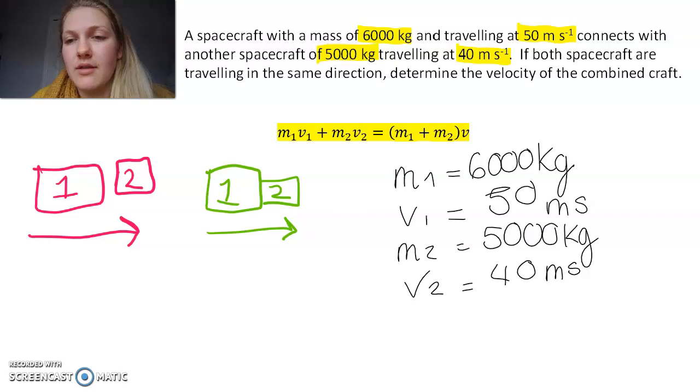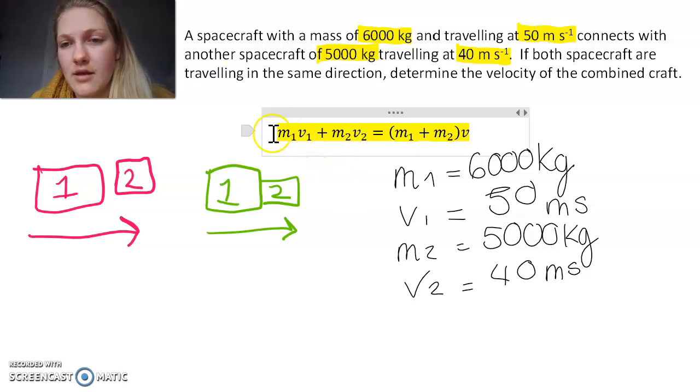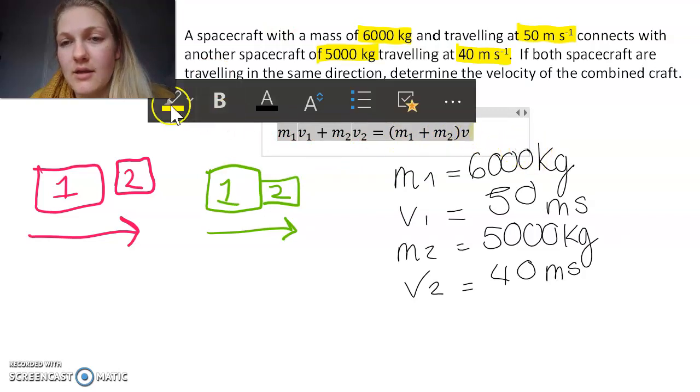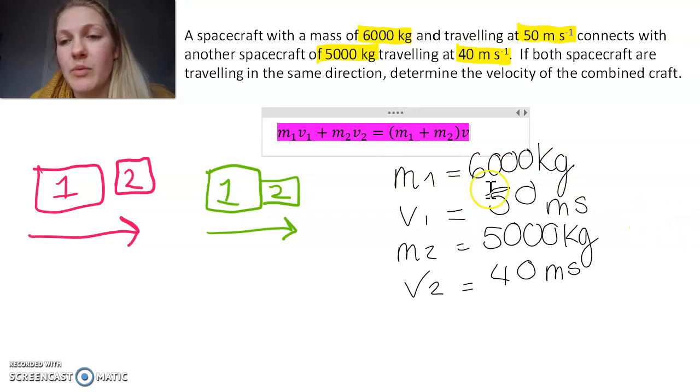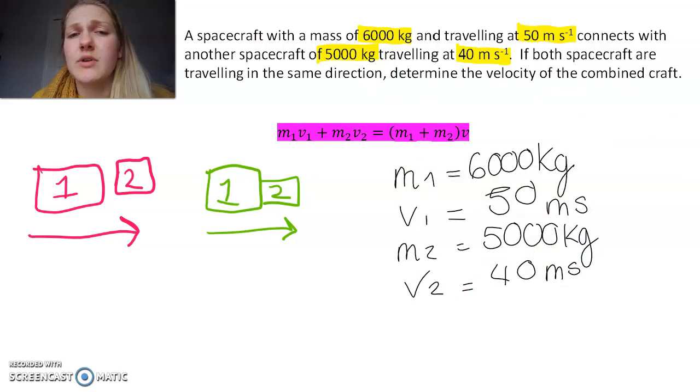So this part highlighted in pink is what we're going to work out from our known values. So we're not getting anything new from this part. I can then simply plug these values into this formula.